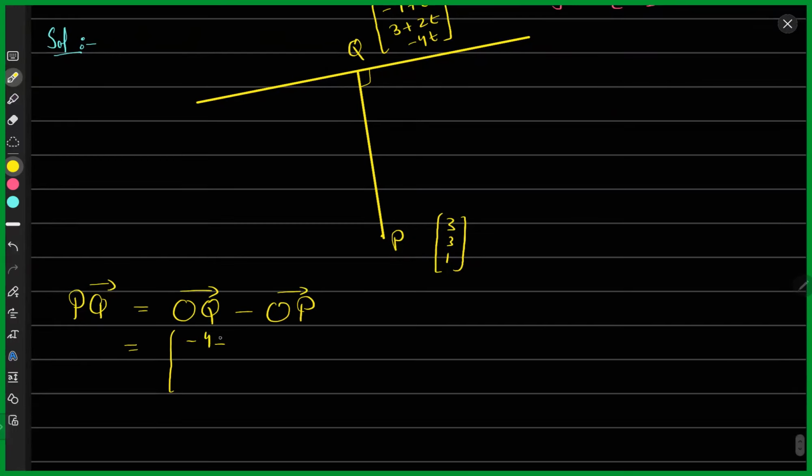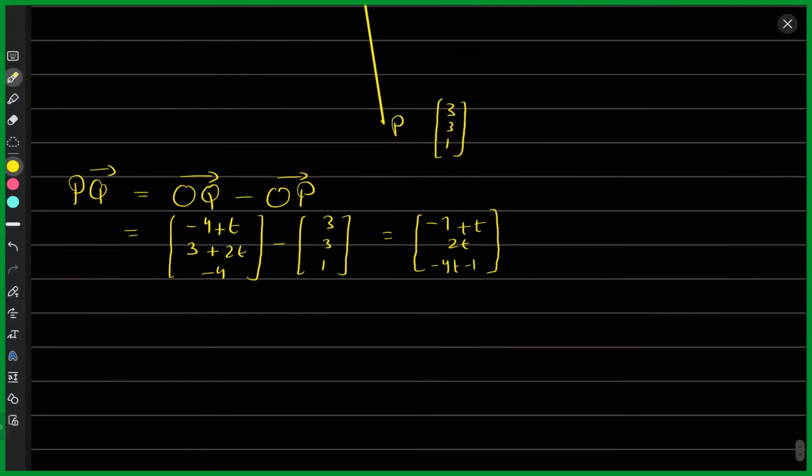Minus 4 plus T, 3 plus 2T, and minus 4T minus 3, 3, 1, and upon simplification, the vector PQ is going to be minus 7 plus T, 2T, minus 4T minus 1. This is going to be the vector PQ. Okay, we are done with this part.